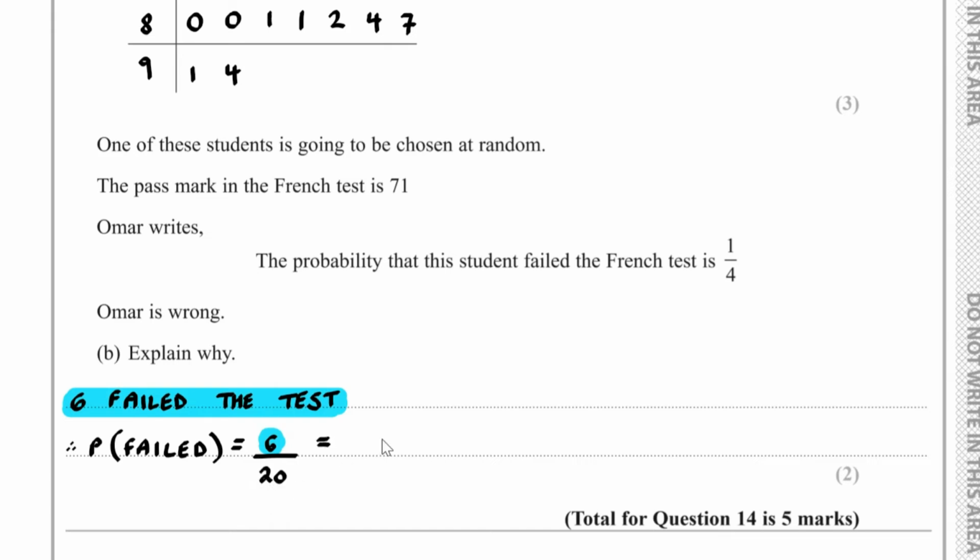And if I work out 6 over 20, we get 3/10, and this does not equal 1/4. So this is why the student Omar is wrong.